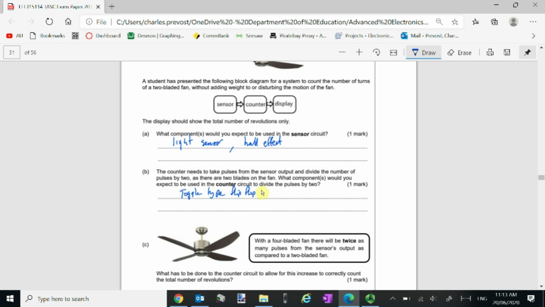If you connect the toggle type flip-flop up and connect the output of the sensor, as long as it's been debounced and squared up, you can feed that into the clock signal of the toggle type flip-flop, and that would give 1 pulse for every 2 pulses from the sensor.